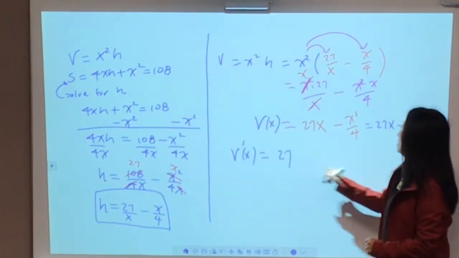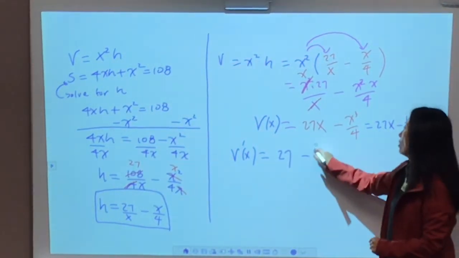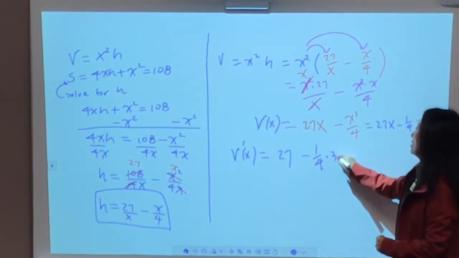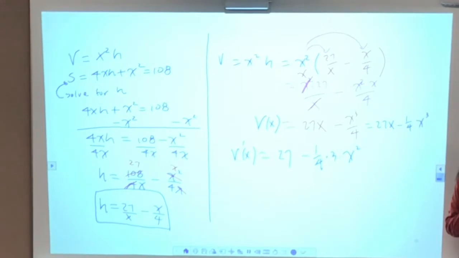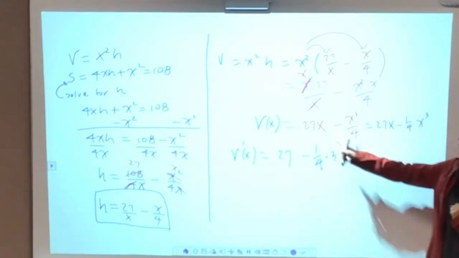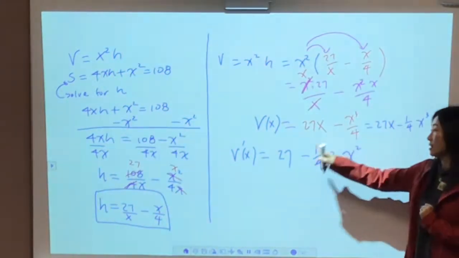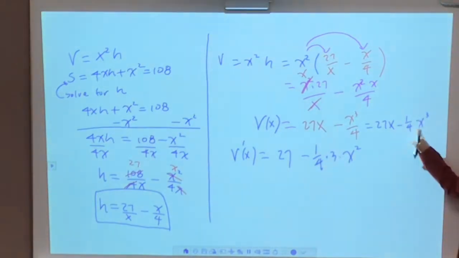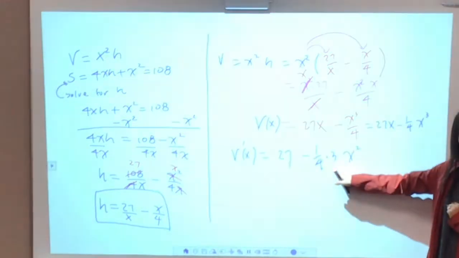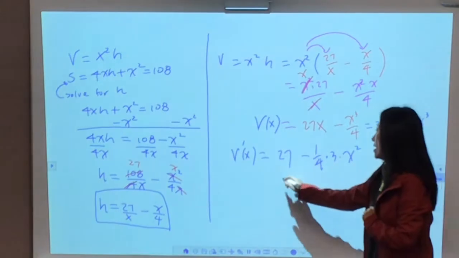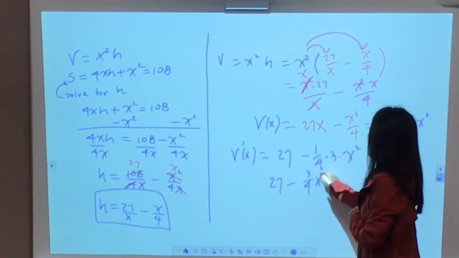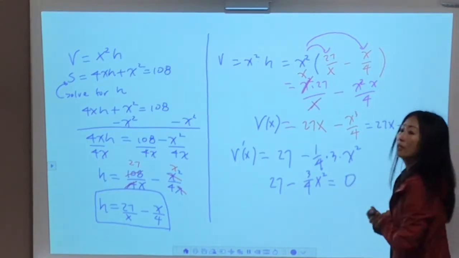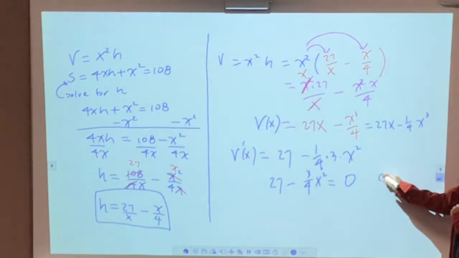So I have 27, and this is the same as 1/4 times 3 and x to the second power. Is everybody with me? The derivative of 27x is simply 27. The derivative of this is the same as right here, so I have 27 minus 3/4 x squared. I'm going to set it equal to 0, because I need to find the critical number.